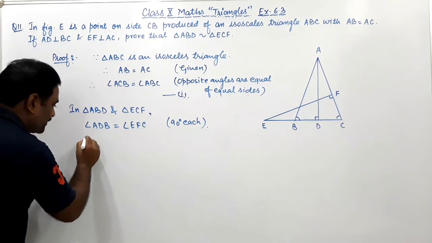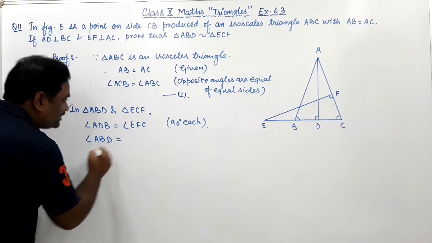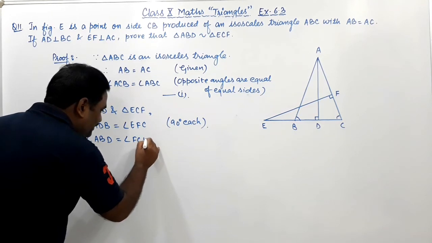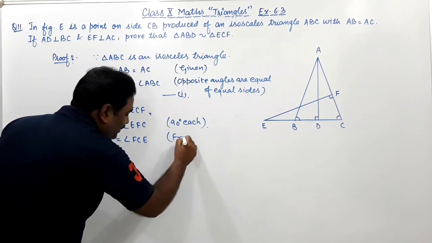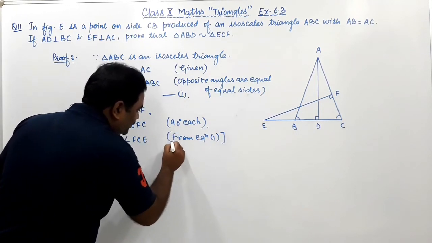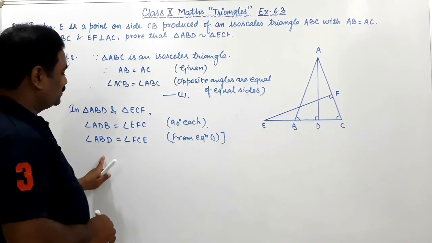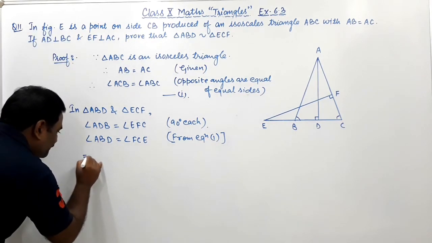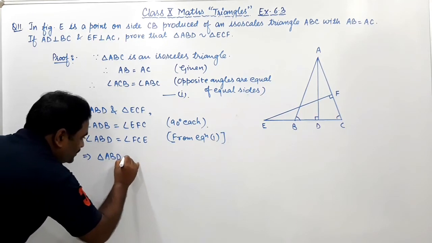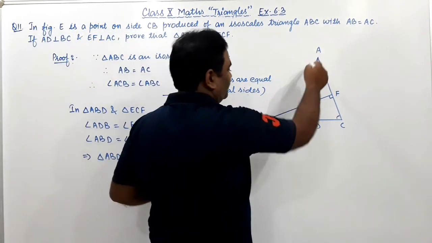Now in ABD, angle ABD is equal to, in ECF, angle FCE. They are equal from equation 1. Clear? इस इक्वेशन से क्लियर हो गया, राइट? So therefore triangle ABD is similar to triangle ECF.